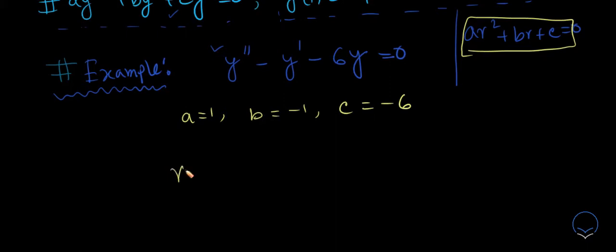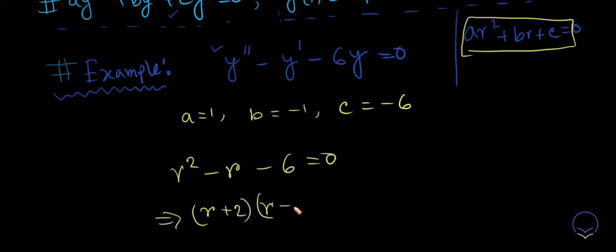This is just R squared minus R minus 6 equals to 0, and it has two solutions. One of them is R plus 2 over here, and then you'll have R minus 3 over here.